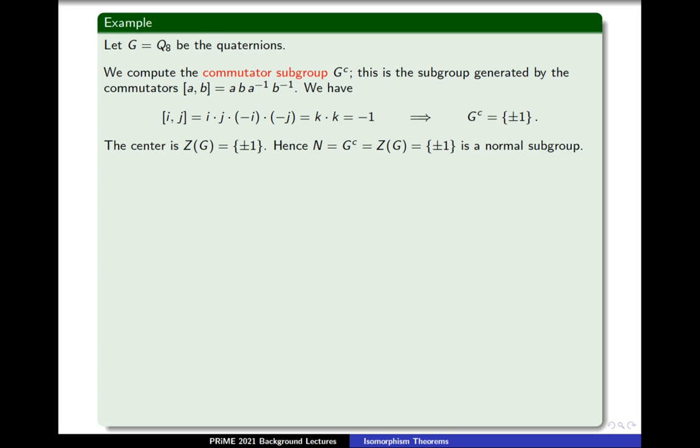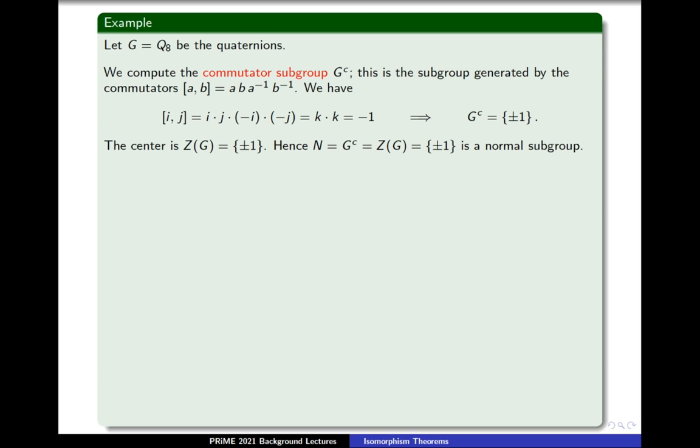If we consider all the different commutators of elements in the quaternions, we find that the commutator subgroup is equal to the subgroup consisting of plus and minus 1. The center of G is also equal to this subgroup plus minus 1. Hence, we can take N equal to the commutator subgroup and equal to the center of G, equal to plus minus 1.